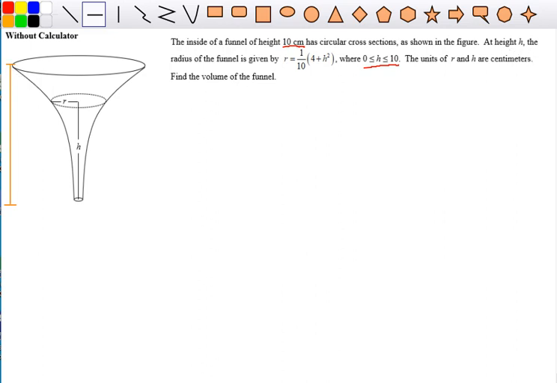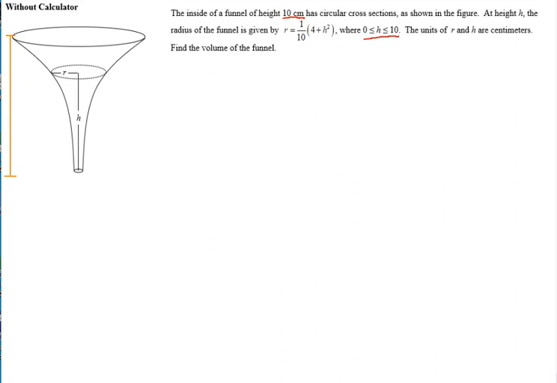At the very bottom, the height would be 0, and at the top, the height is 10. So this is the h-axis going that way. It says units of r and h are centimeters, so it does give you units in this problem. And we're asked to find the volume.